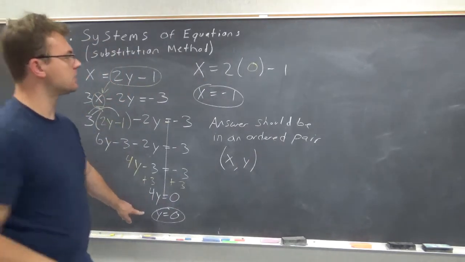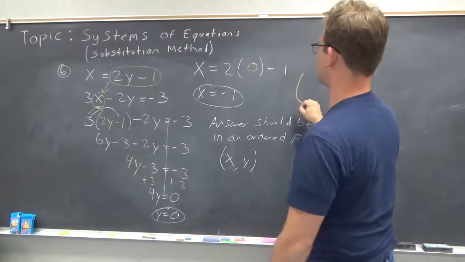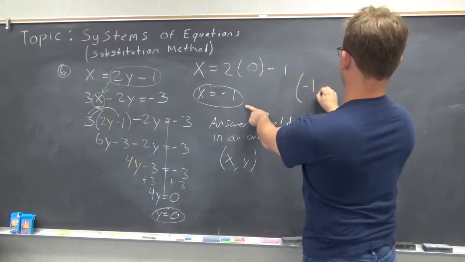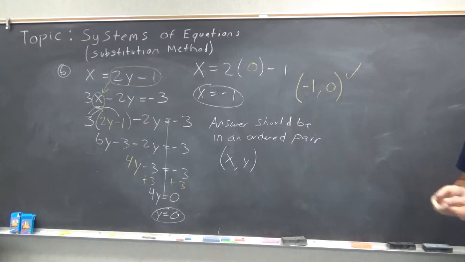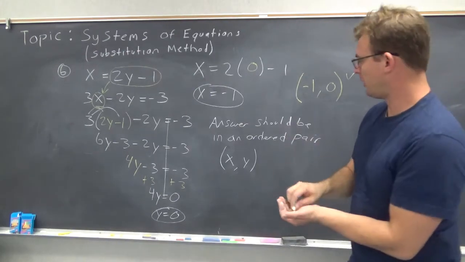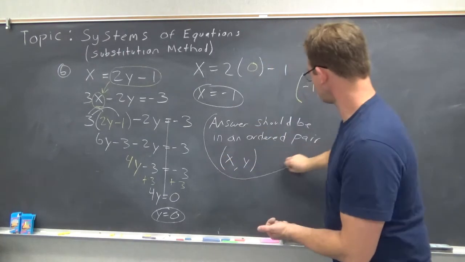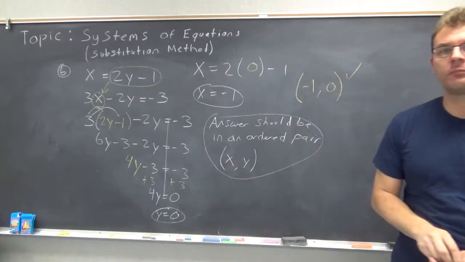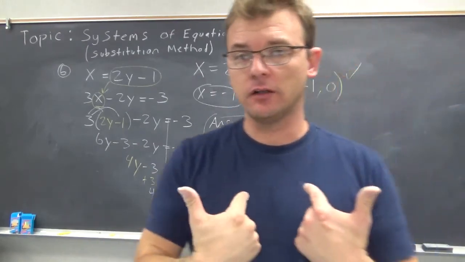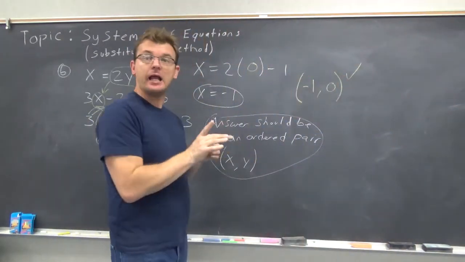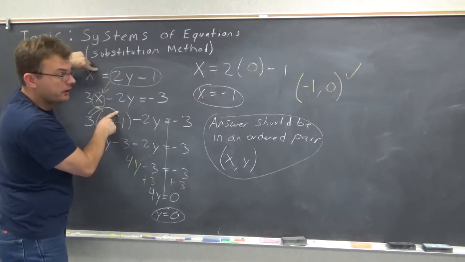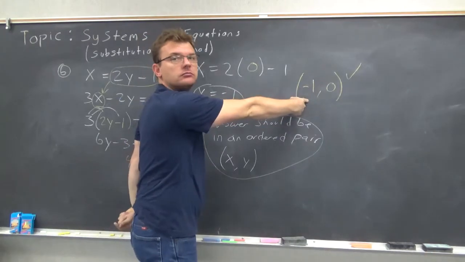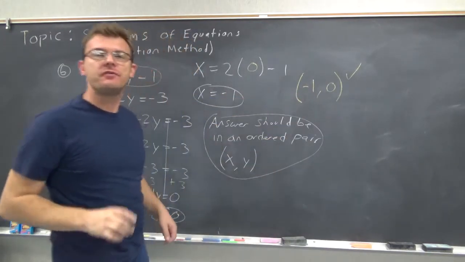So the answer should be -1, 0. You should always put them in ordered pair fashion, because you're telling the reader that, hey, these two equations, their solution is here. Okay? So be very careful.